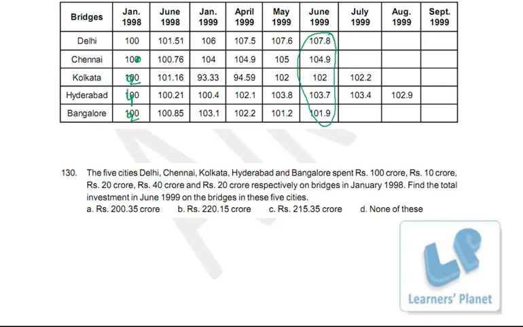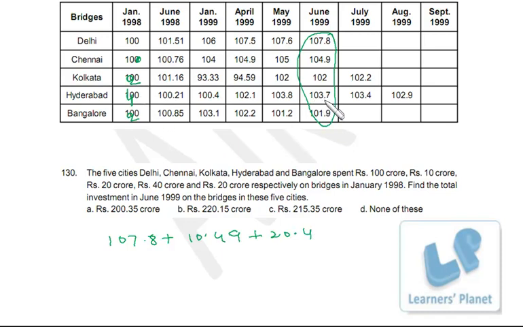So that's pretty simple. We just have to see the percentage increase. From 100, it is 107.8, so the same data will be here. And in case of Chennai, 100 is 104.9. That means 10 must be 10.49. Here it is from 100 to 102, a 2% increase. That means 20, and 2% of 20 is 0.4, so it is 20.4.